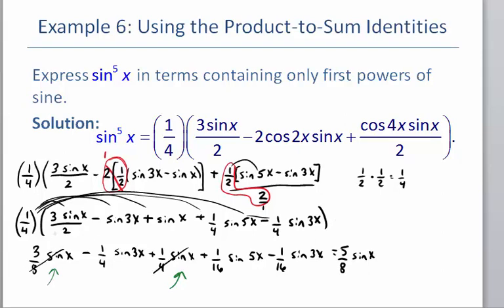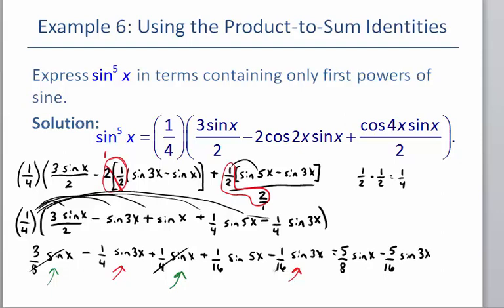All right, let's look at what else we can combine. We have a negative 1/4 sine 3x and a negative 1 over 16 sine 3x. So adding negative 1/4 and negative 1 over 16 gives me 5 over 16. That's going to be a negative 5 over 16 sine 3x.